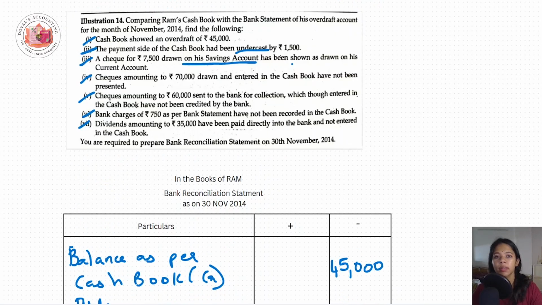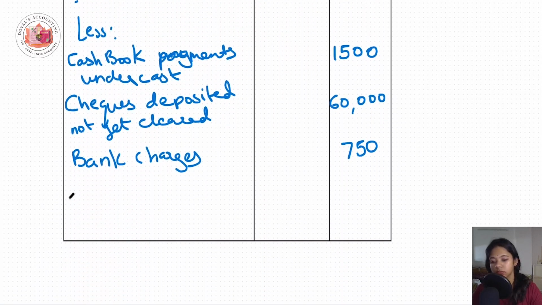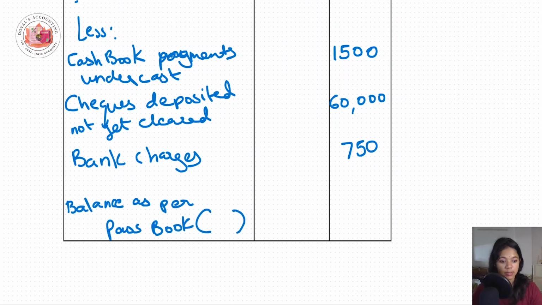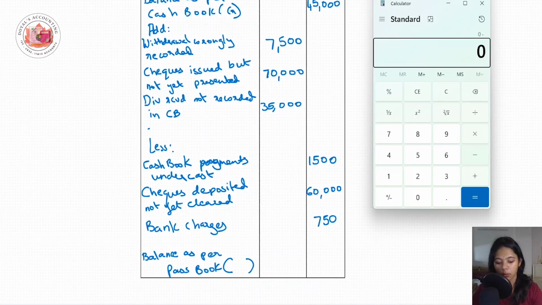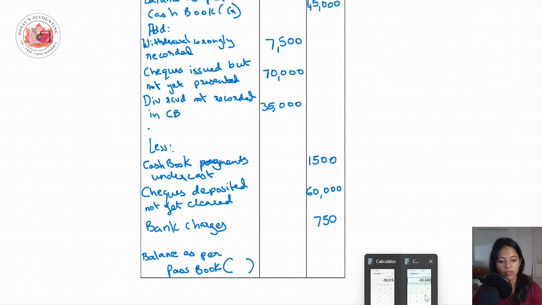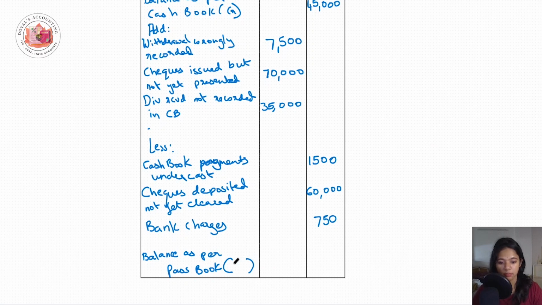Now let's compute the balance as per passbook. Let's see whether it's a credit or a debit balance. Minus 45,000 plus 7,500 plus 70,000 plus 35,000 minus 1,500 minus 60,000 minus 750, which gives me a positive bank balance of 5,250.